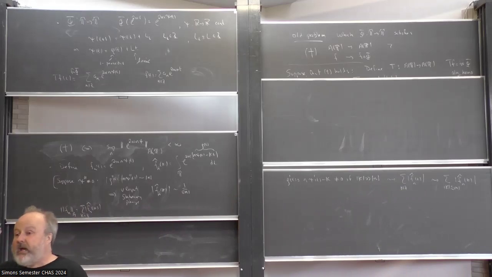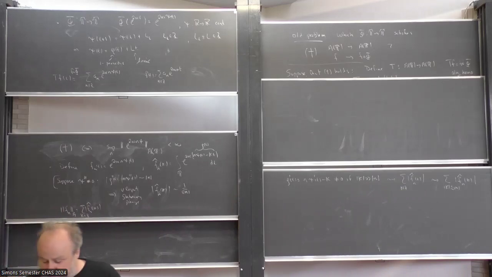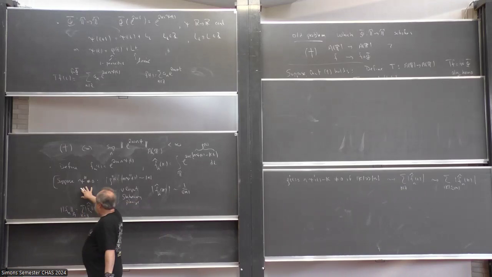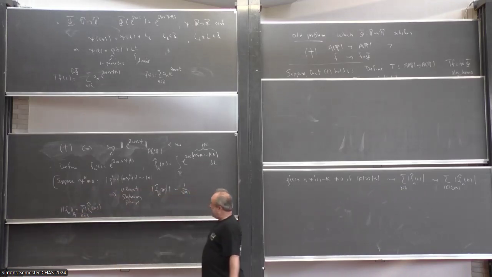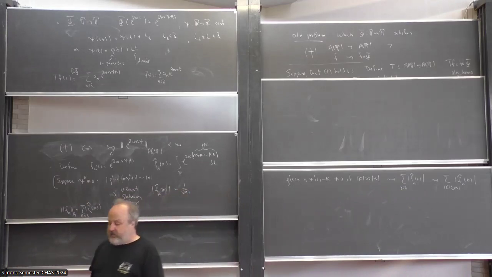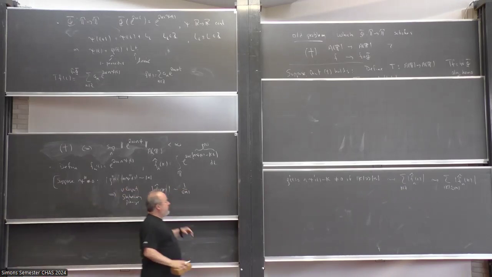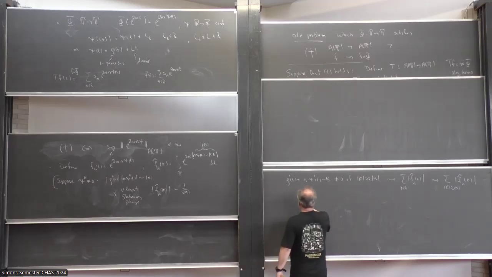These are the places where you have a critical point, where the phases become stationary. Then we look at the second derivative, always, and I'm supposing the second derivative vanishes. So now we turn to this guy here, and we see that in this range we really are getting something that behaves like square root of n.